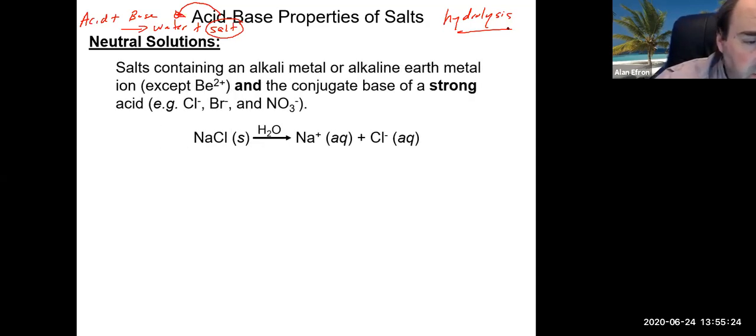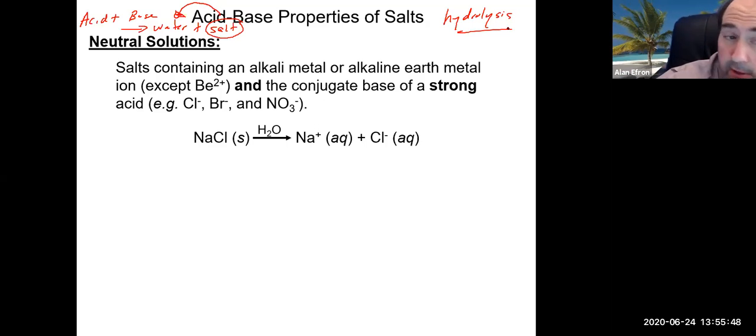So there are neutral salts, and neutral salts essentially contain either group 1 or group 2 on the periodic table, except for beryllium, and the conjugate base of a strong acid like Cl minus, Br minus, NO3 minus. If you remember earlier in this chapter, we talked about the relationship between an acid and its conjugate partner.